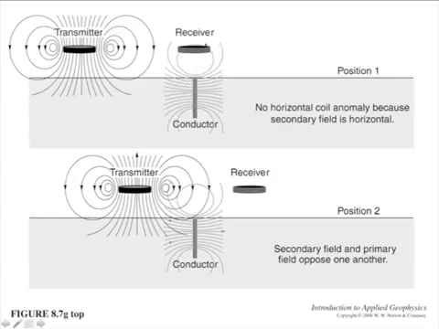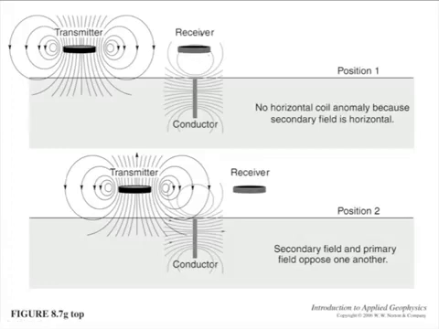But notice what happens here: when the receiver is right above the conductor, the magnetic field that's cutting through the receiver coil is horizontal. It's horizontal lines of magnetic force, and our receiver coil is also horizontally oriented.